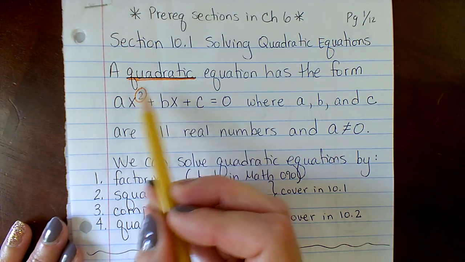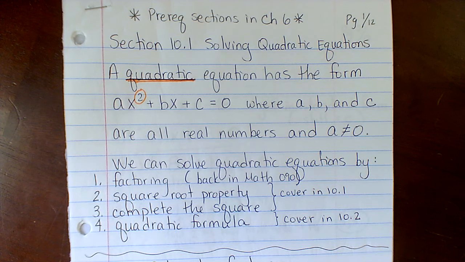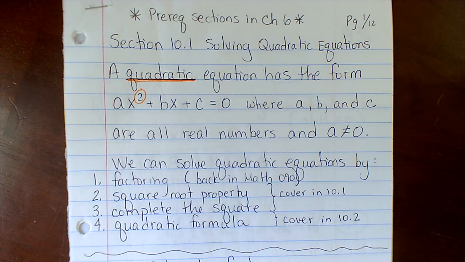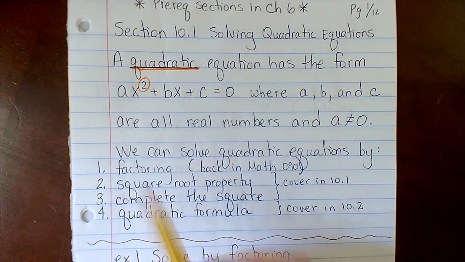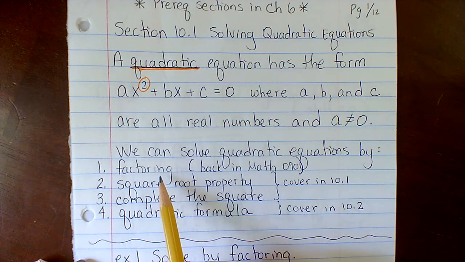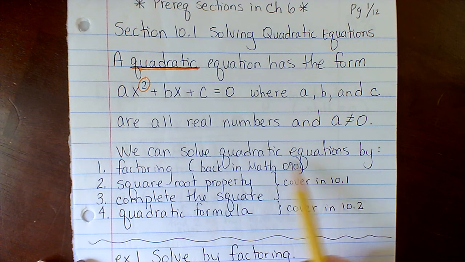With a quadratic, something that has that highest power of 2, we have to take a different approach to solving these. The different approaches that we're going to look at are factoring, which we're not going to do a whole lot on because that was covered back in Math 90, the course right before this one.